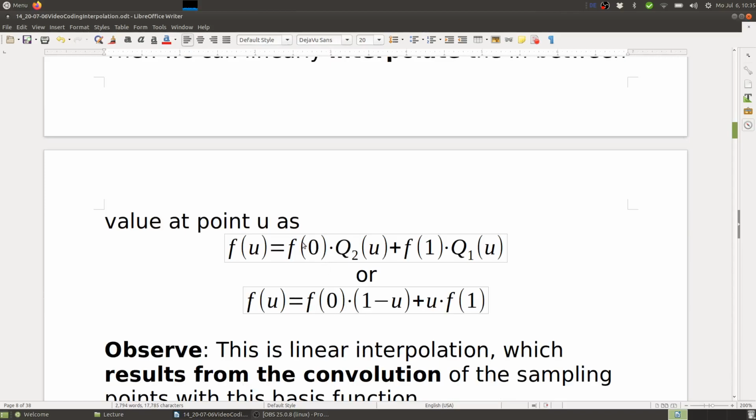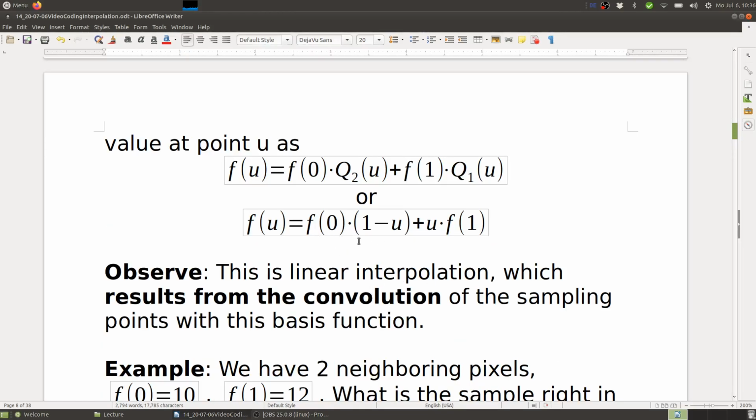So this is our sum of the contributions of the two basis functions, and then we can simply plug in our definition. Here the falling slope, here the rising slope, this u, and that's it. Right here you can see this is our standard linear interpolation.